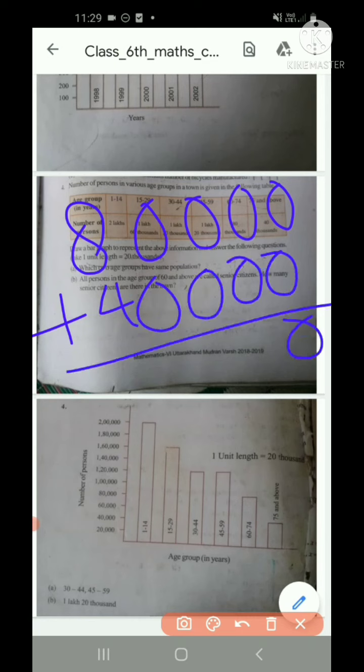So now we are just going to add these quantities. 80,000 plus 40,000, right? 0, 0, 0, 0, 8 plus 4 is 12. So we have 1,20,000 persons. So this was class 6 mathematics chapter 9, exercise 9.4, data handling.